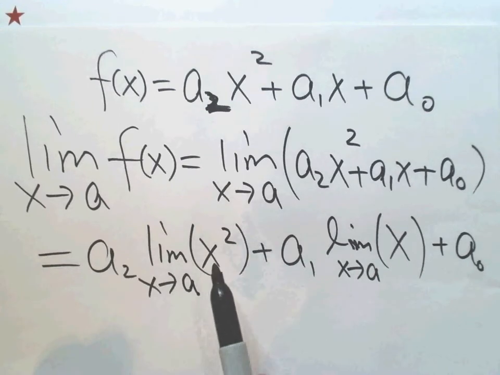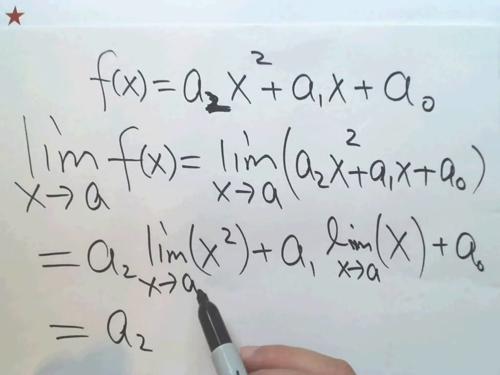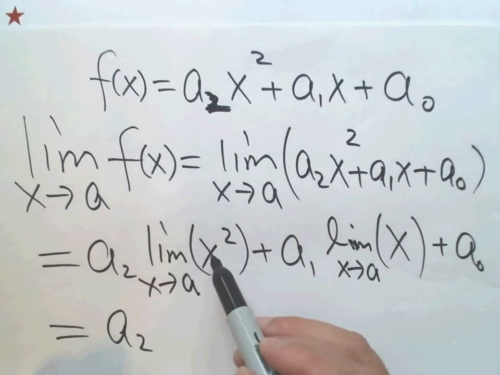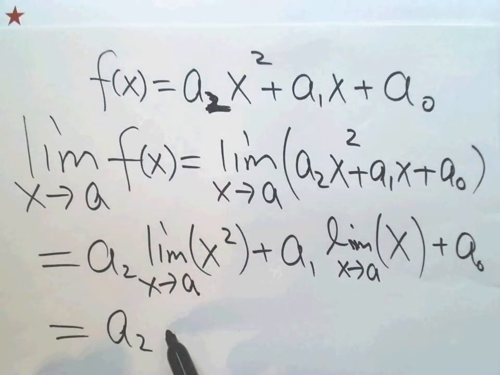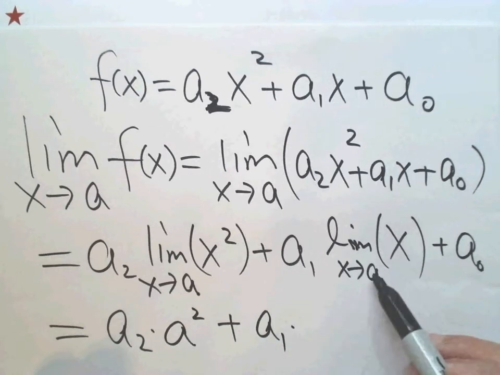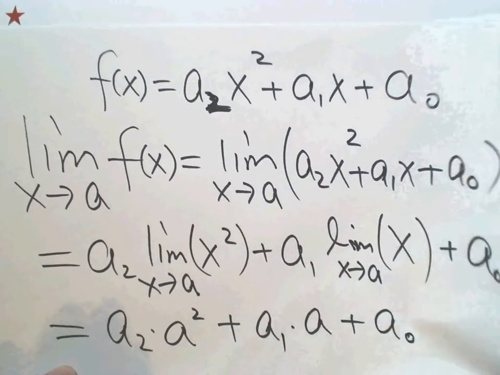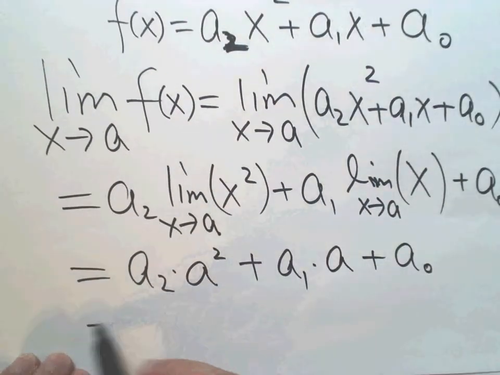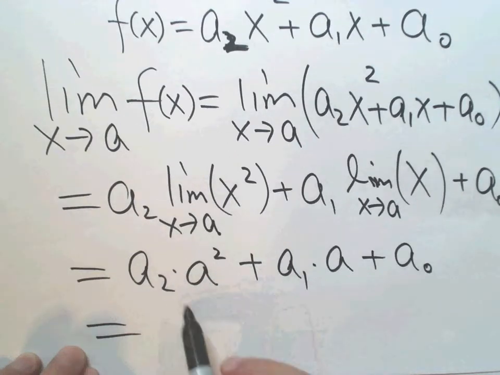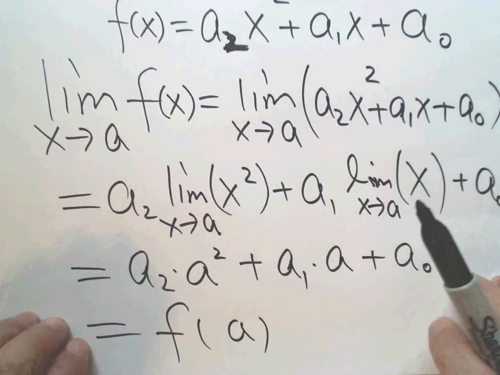This is the power rule we can use. Directly we have a2 times a squared, plus a1 with x replaced by a, and then plus a0. So you finally get just f at a.